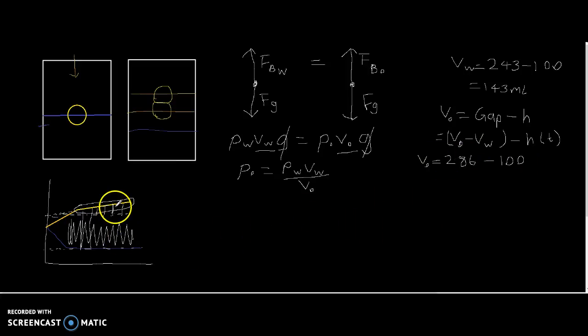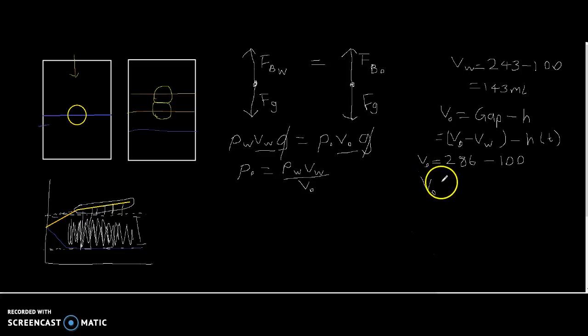286 is the level of this top dotted line, and 100 is the level of this bottom dotted line, and we want to find the distance from here to here.